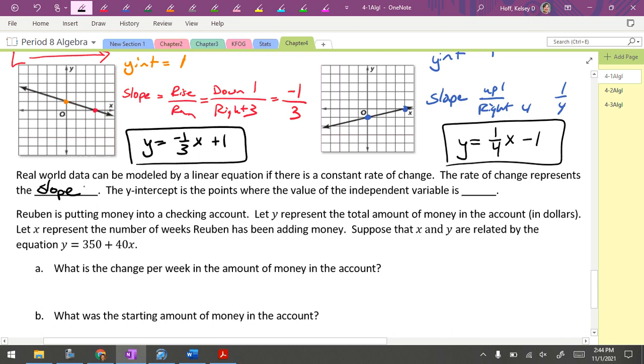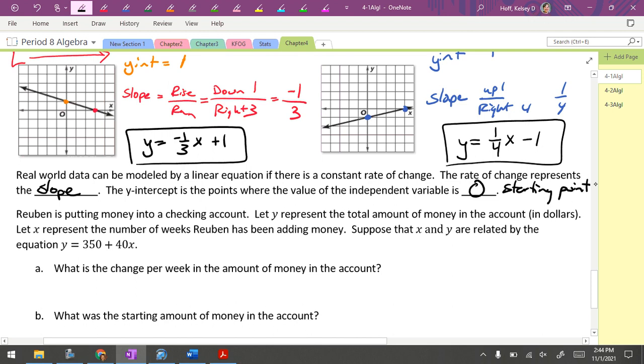The slope happens over and over and over and over. A lot of times you'll see the word per or each. The y-intercept is the point where the value of the independent variable is 0. Or in other words, your starting point, your initial fee, the one-time charge. Before you've done anything, where do you start?